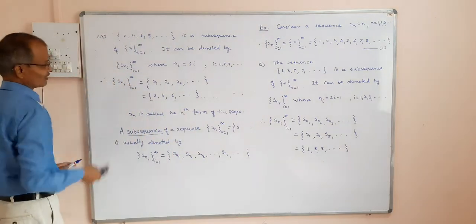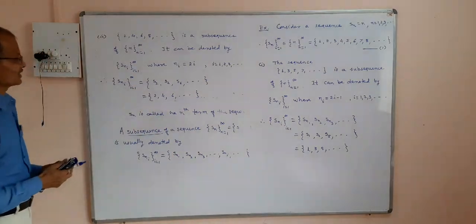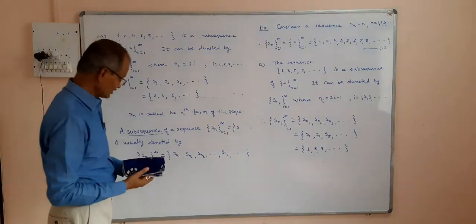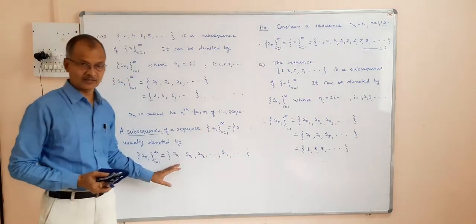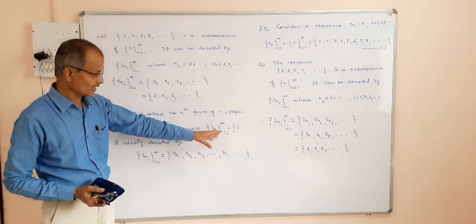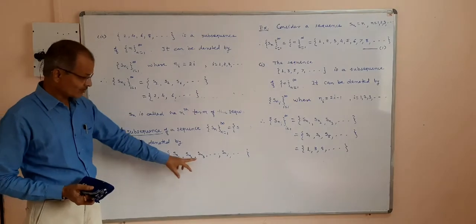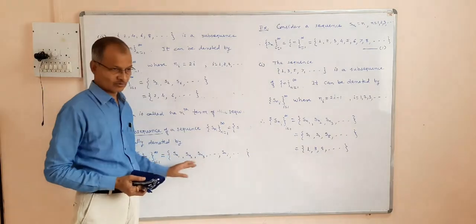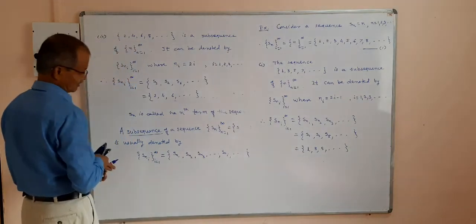So this is also a subsequence of the original sequence. In general, the subsequence is denoted by S_{n_i}, while the notation for the original sequence is S_n. And n1, n2, n3 are such that n1 is less than n2, n2 is less than n3, and so on. These are arranged in order.